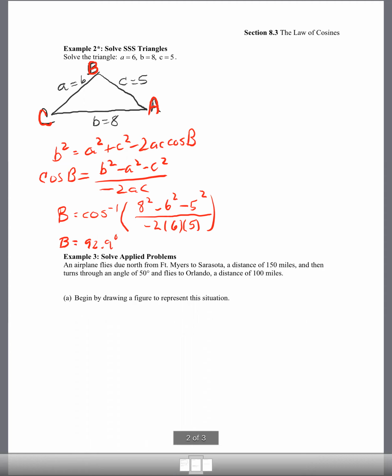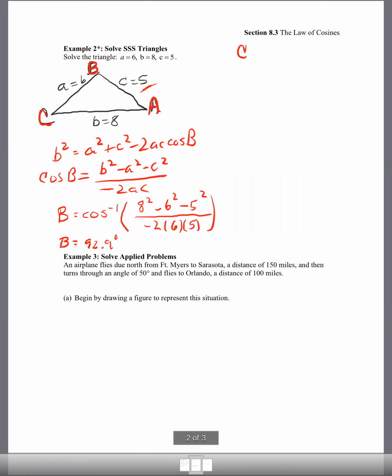Now it's down to angle A and angle C. Which one of those would be the smallest of those 2? It looks like angle C is going to be a little bit smaller because it has the smaller side across from it. So let's look for information about angle C.